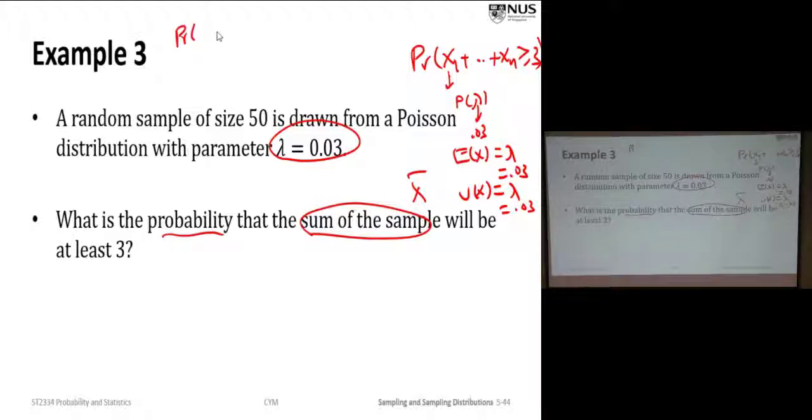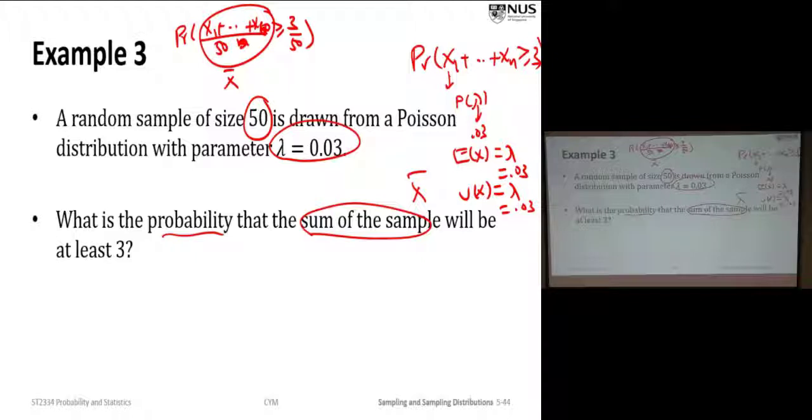So consider the probability that x1 up to xn is greater than or equal to 3. If I divide both sides by n, in this case n is 50, this now becomes the x bar, the average of the sample of 50. So sum and average are a one-to-one mapping: the sum divided by the sample size is equal to the sample mean.